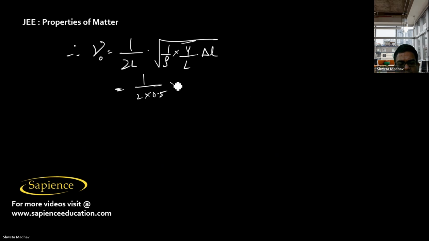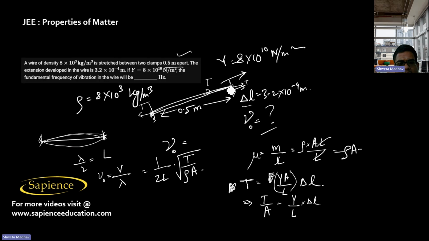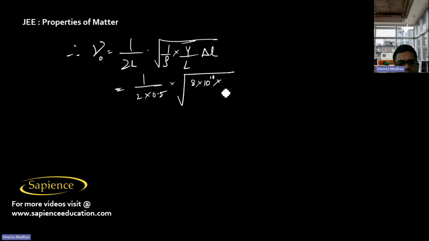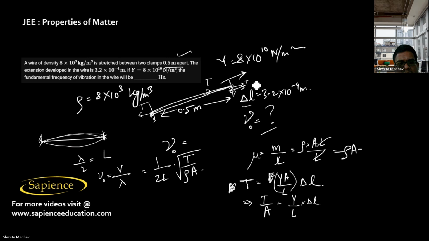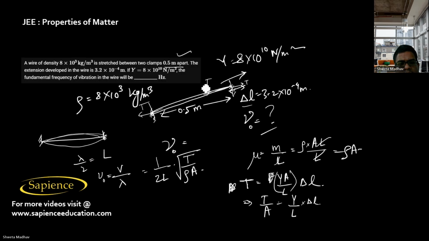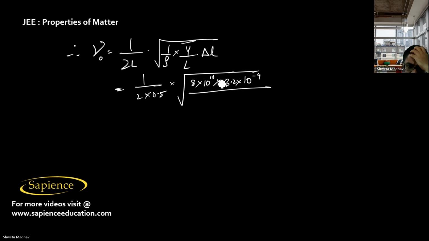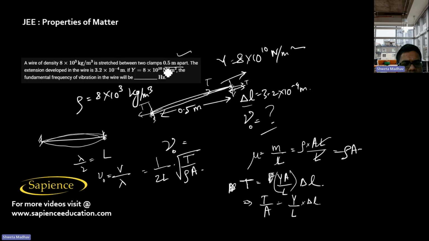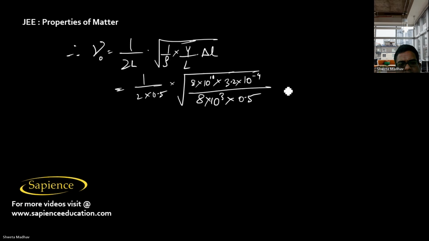So this will be root over Y, that is 8 into 10 power 10, into delta L, that is 3.2 into 10 power minus 4, divided by rho, which is 8 into 10 power 3, and L is 0.5. This much Hz it will come.